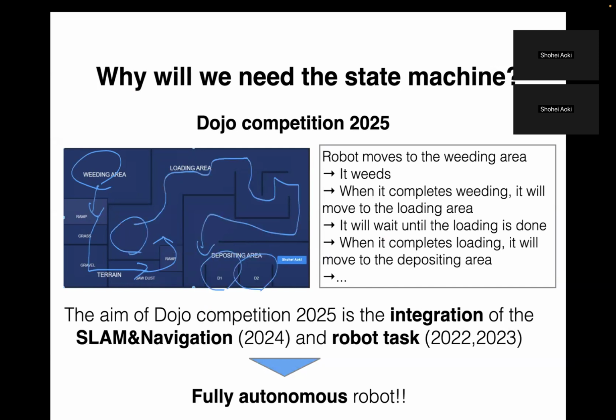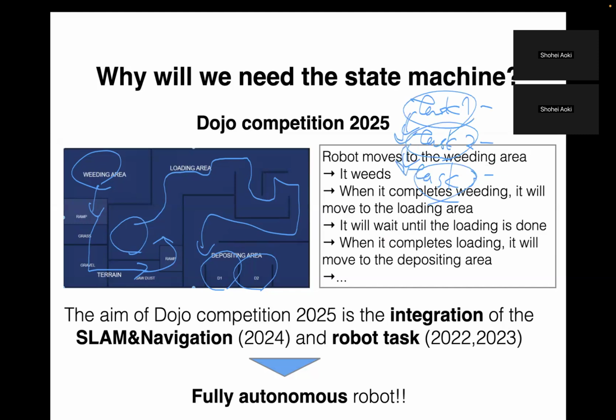So there are several tasks, and mainly these tasks will be done sequentially, right? Like task 1, task 2, task 3. For example, task 1 is weeding, task 2 is loading, task 3 is depositing. And you have to do it one by one. So in this case, you can simply define the sequence, identify the state and transit the state.